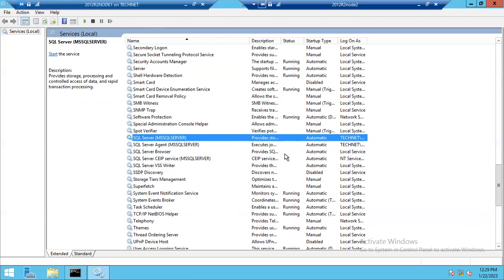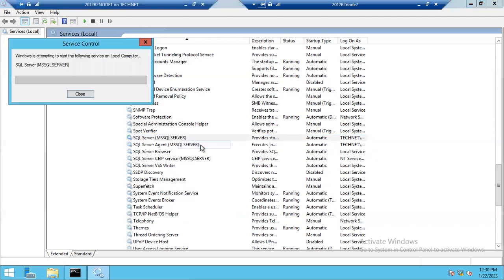Two, the availability replica is down because the secondary services are down. Third, the secondary services we are trying to start are not starting up. They are not stable. Now, what will I have to do? Of course, I'll have to go through the SQL error logs to identify why this is not starting up. Again, let's start it.